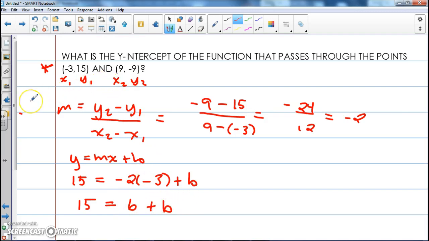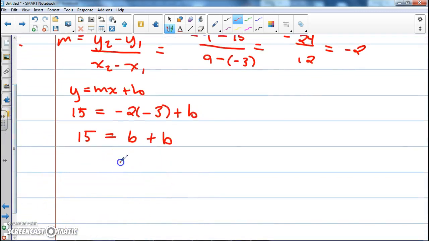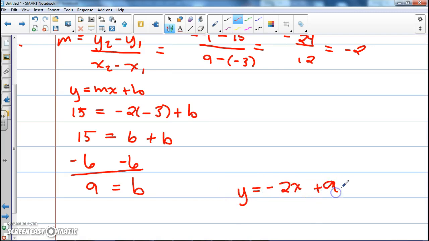Okay, now I need to subtract 6 from both sides. 15 minus 6, and that's going to give me 9. So 9 equals b. So my y-intercept for this question is 9. And if I wanted to put the whole line together, I would say y equals -2x plus 9.